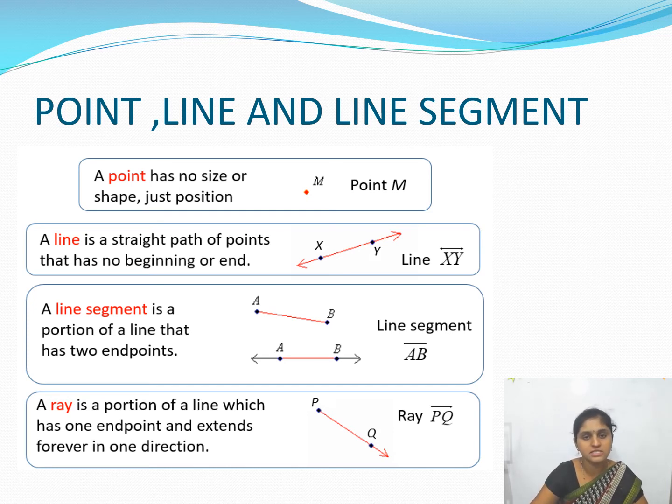So next is ray. So ray is not there in your textbook. For your kind information, I am explaining the ray. So ray is a portion of a line which has one end point and extends forever in one direction. What does it mean? It means that it has a starting point but there is no end point.